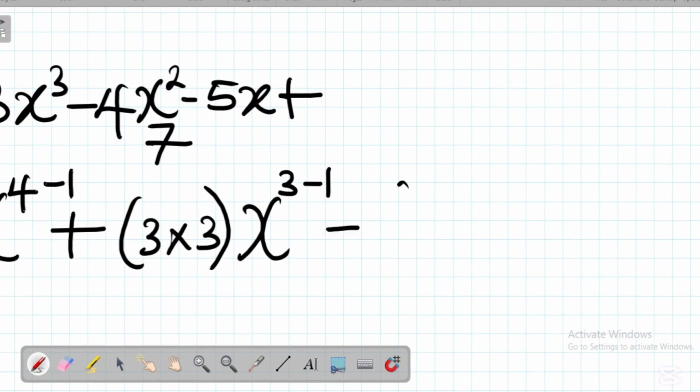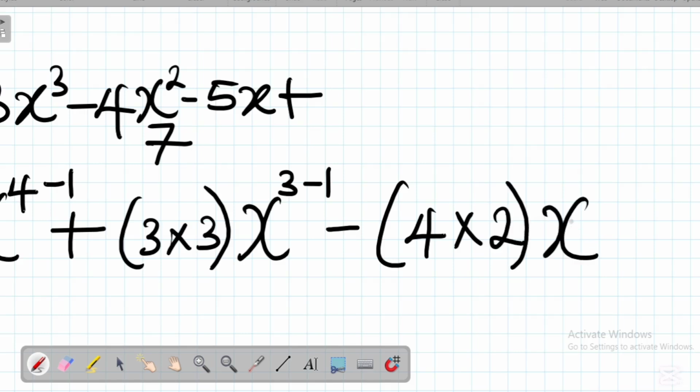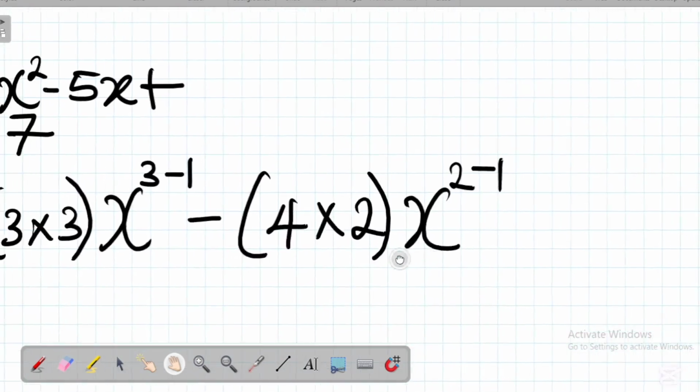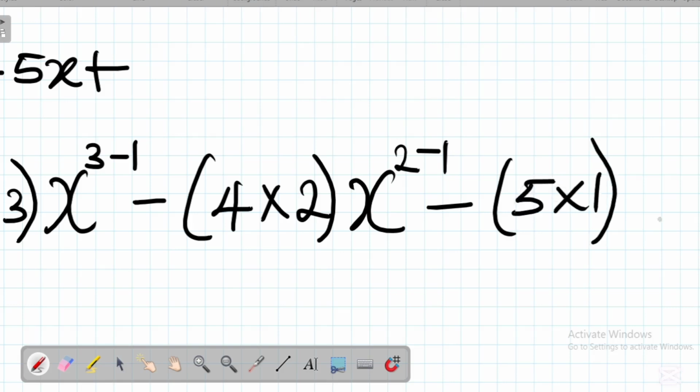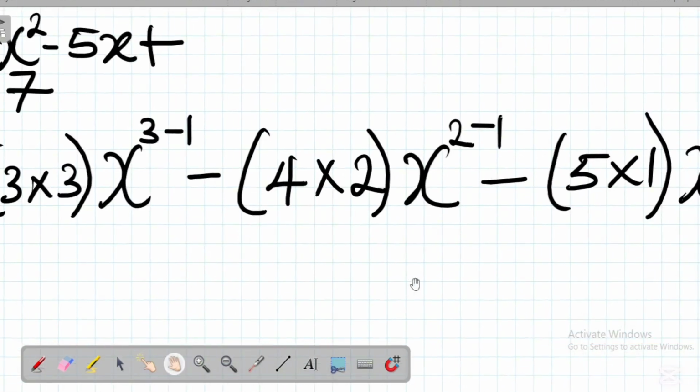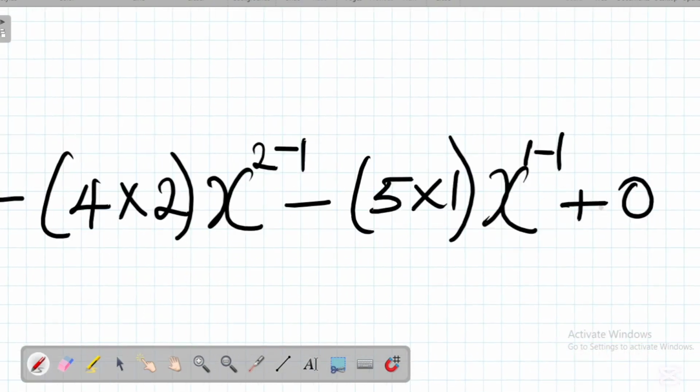minus 4 multiplied by 2, you attach x raised to power 2 minus 1, minus, here x is raised to power 1, so we have 5 multiplied by 1, you attach x raised to power 1 minus 1, and then plus 0.